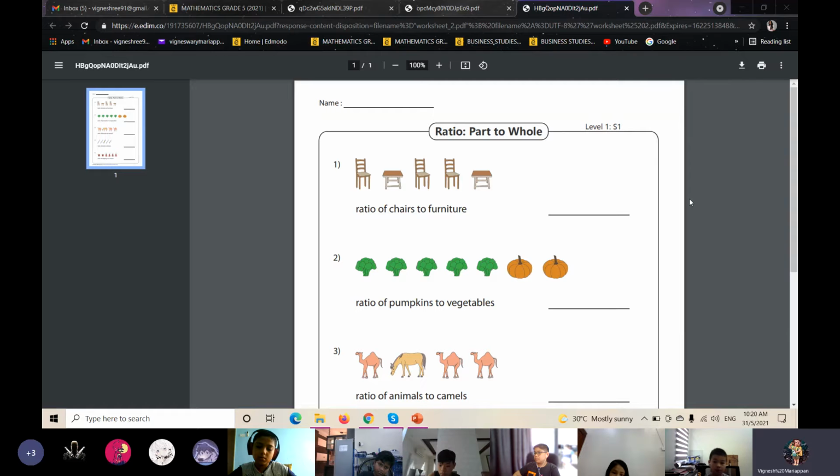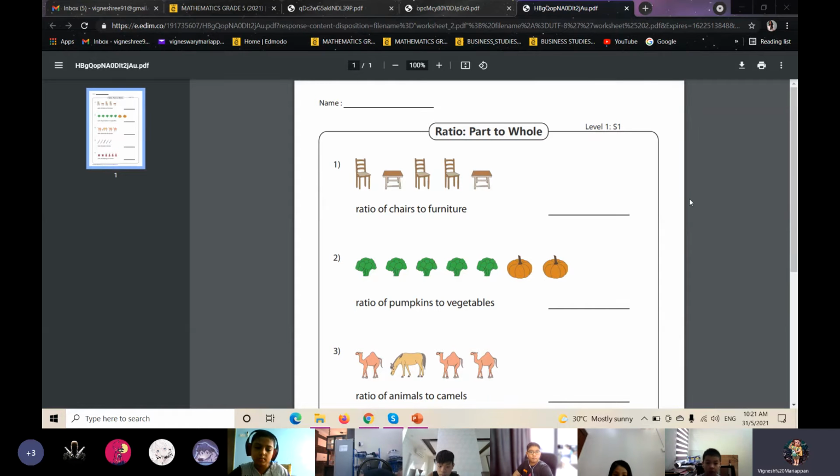Any volunteer? The ratio of chairs to furniture. Class, the ratio of chairs to furniture. This one is the part to whole. Whole means all together. 3 to 2.